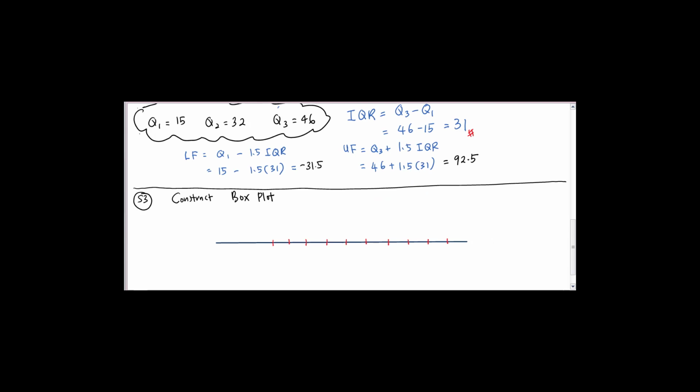After we get the lower fence and upper fence, now it's time for us to construct the box. The box values will be 15, 32 and 46. We have to choose the scale to draw the box. In this case, you have the maximum 62, so we're using 10 units. So maybe we're ending with 70, 60, 50, 40, and so on.